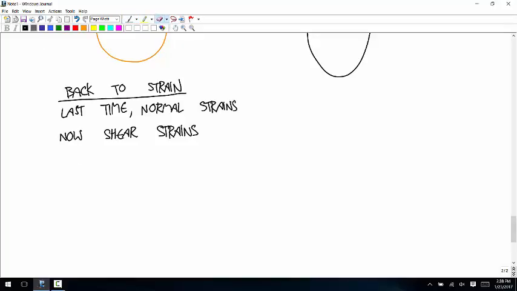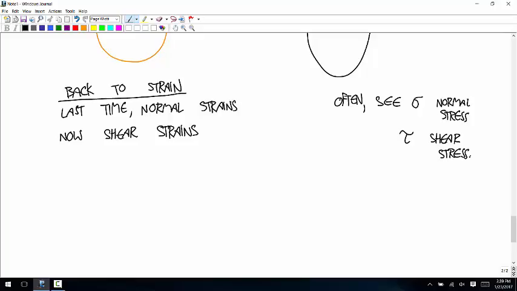Often you see sigma representing normal stresses, and tau representing shear stresses. I'll mention that, that's going to come up pretty soon, but yes, there is a different notation for those two.